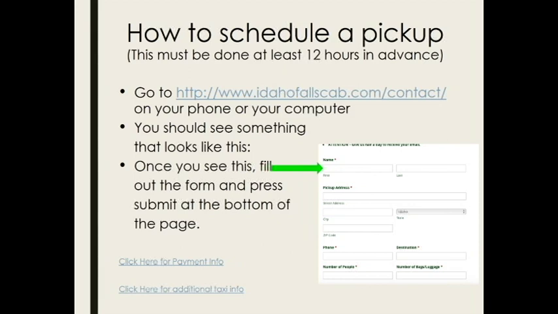Once you see that, you just fill it out and click submit at the bottom of the page, and it will show you that you have now scheduled a pickup time for a taxi. If you would like to move ahead and look at how you pay for a taxi, select click here for payment info. And if you would like to go back and look at how you can get a taxi right away, select click here for additional taxi info.